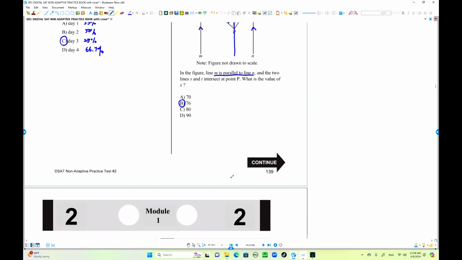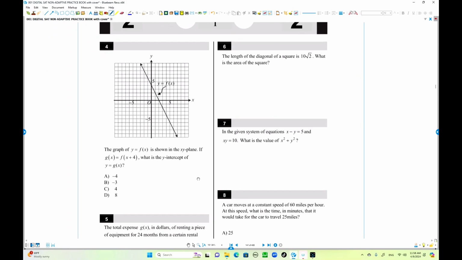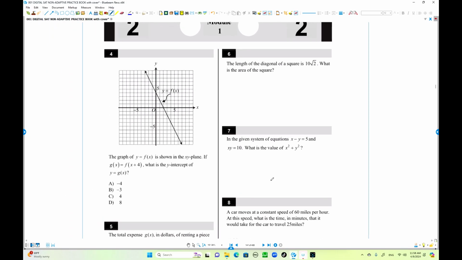Now let me see. I'm going to try number 4 here. You're going to find the y-intercept of g of x. This is the graph of y equals f of x. G of x is what, after translating f of x. F of x plus 4.